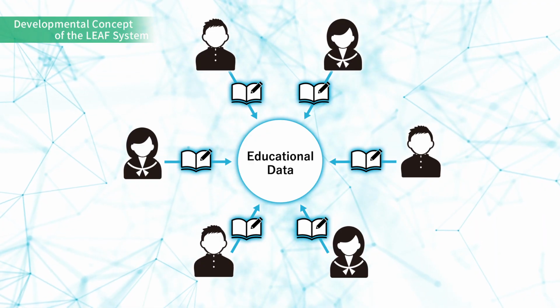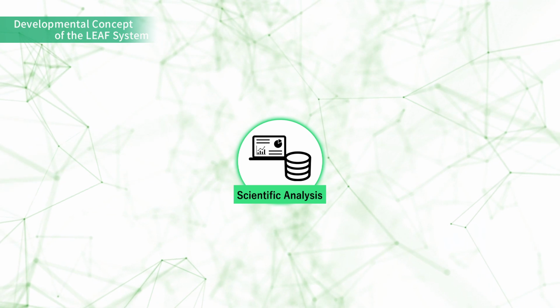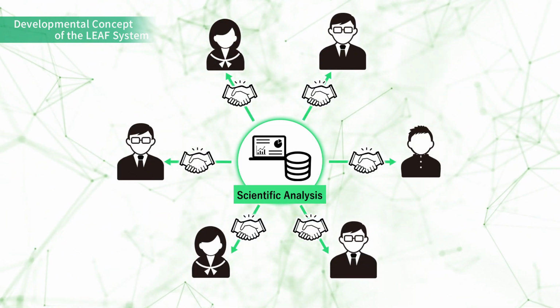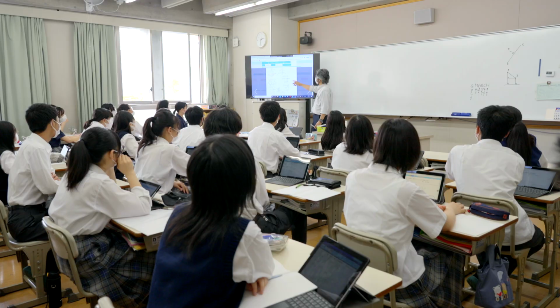In developing the LEAF system, our goal was to scientifically analyze this data and provide support in a form that would suit each individual teacher and student. We hope to transform education that is based on intuition and experience into education that is based on data and evidence.